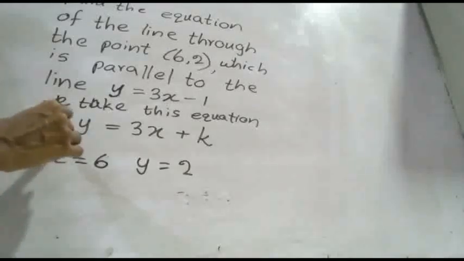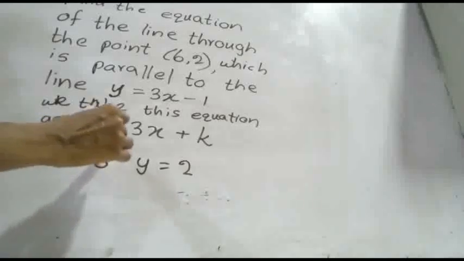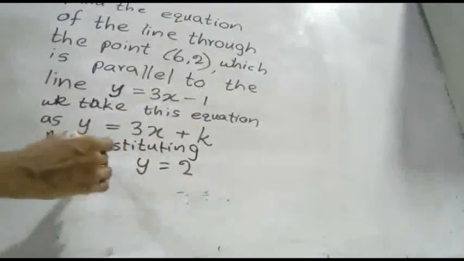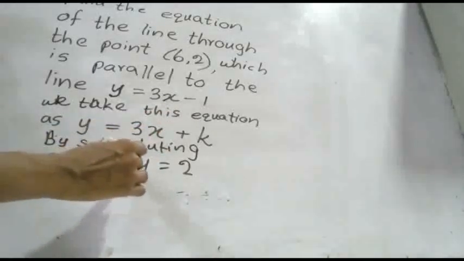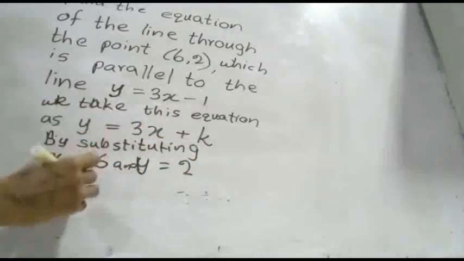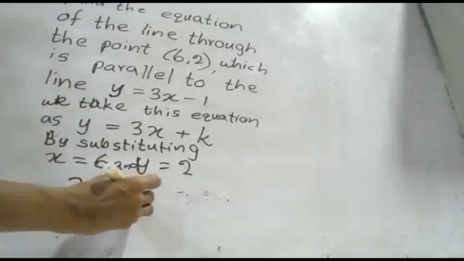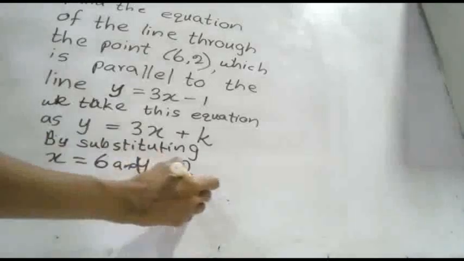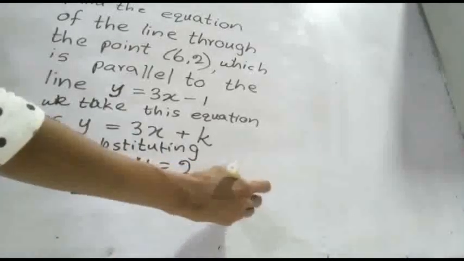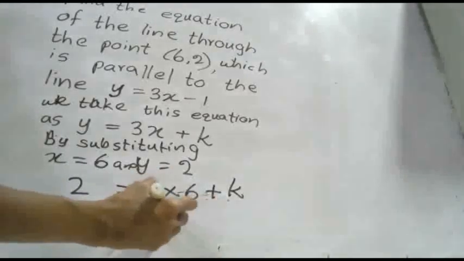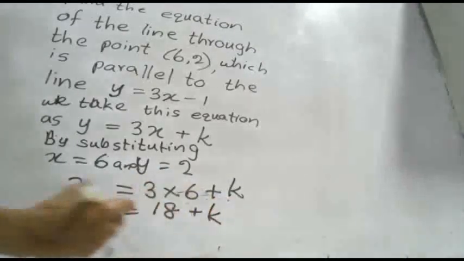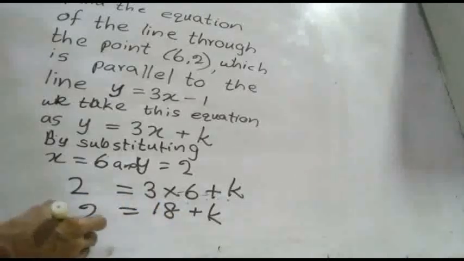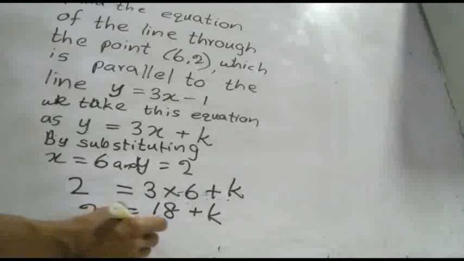By substituting x = 6 and y = 2: 2 = 3 times 6 plus k, so 2 = 18 + k. We take this 18 to this side: 2 subtract 18 is equal to k.